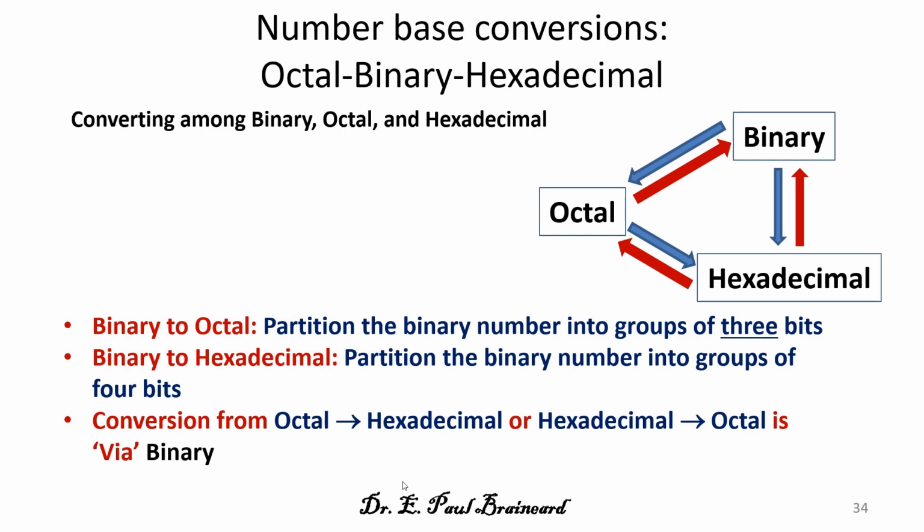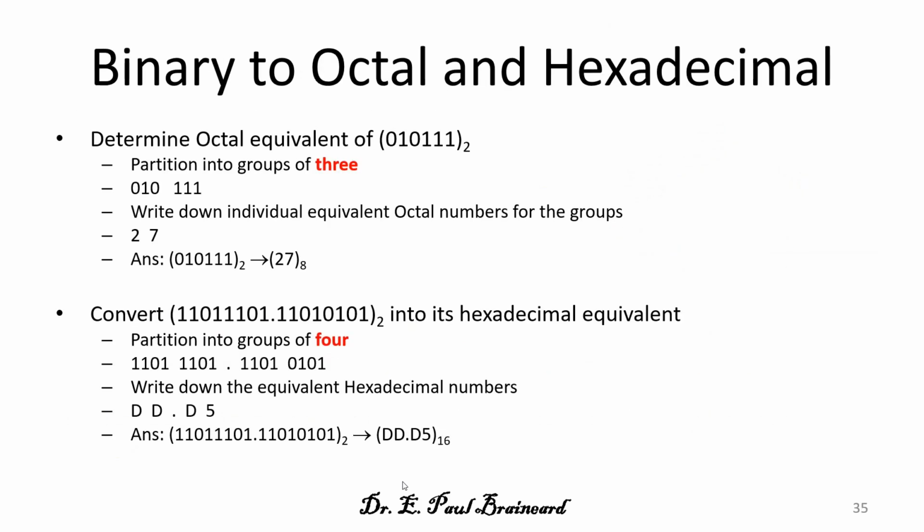Let's look at conversion from binary to octal and hexadecimal. So let's convert the binary number 010111 into octal. Let us partition this number into groups of 3, starting from the right.